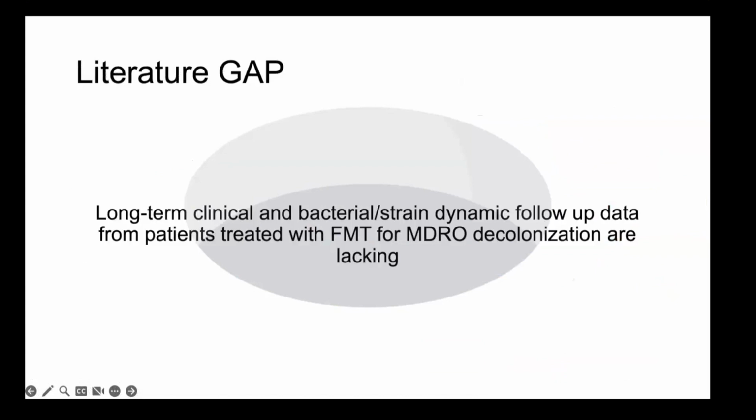We still don't have a lot of long-term clinical data and long-term bacterial strain dynamic follow-up data from patients treated with FMT specifically for MDRO decolonization. There is some data within the recurrent C. diff cohorts, but these are a slightly different dysbiotic cohort, so we probably cannot extrapolate that data to MDRO colonized patients.